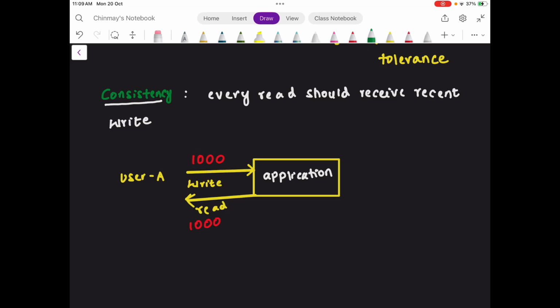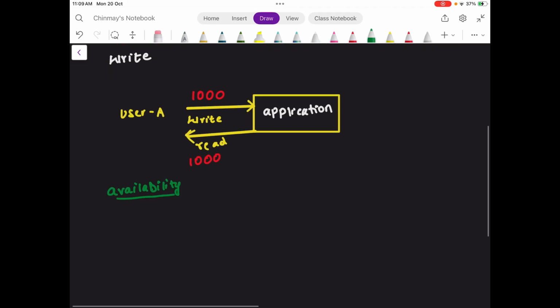Now let's discuss availability behavior. Availability. What is meant by availability?